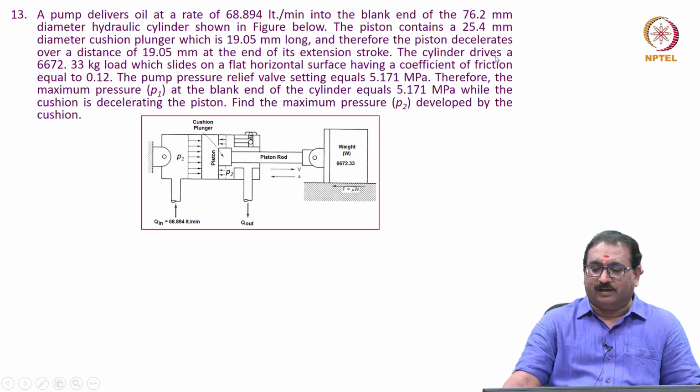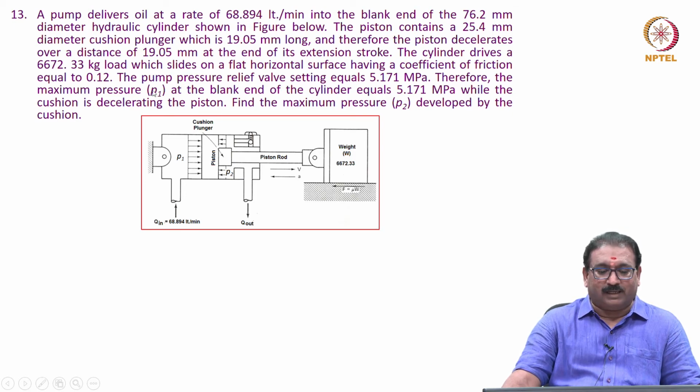The cylinder drives a 6,672.33 kg load which slides on a horizontal surface having a coefficient of friction equal to 0.12, the mu value is given. The pump pressure relief valve setting equals 5.171 megapascal.